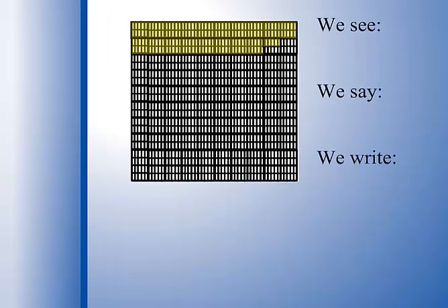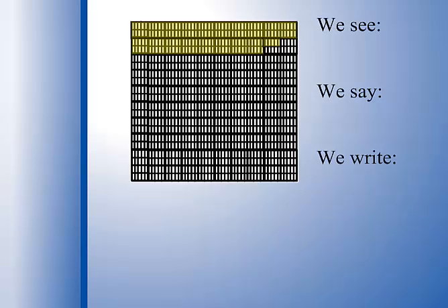Here we have 1,000 tiny little rectangles. We have, let me see, 1, 2, 3, 4, 5, 10, 11, 12, 13, 14, 15, 16, 18 parts, plus a little bit more, 1, 2, 3, 4, 5.